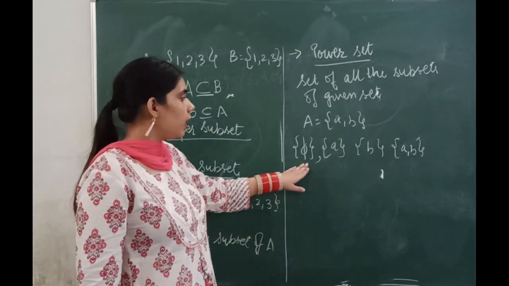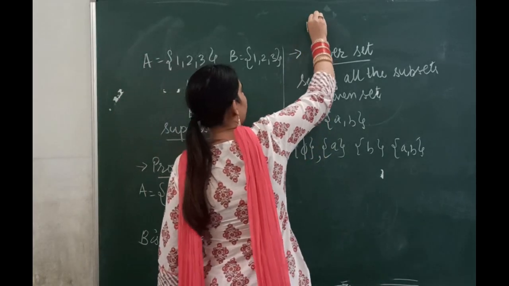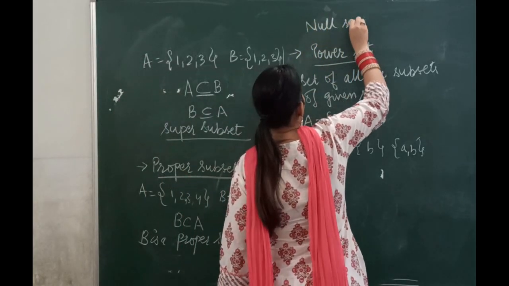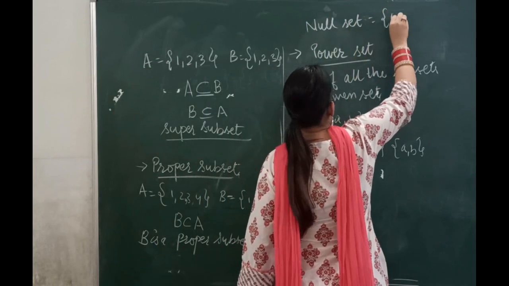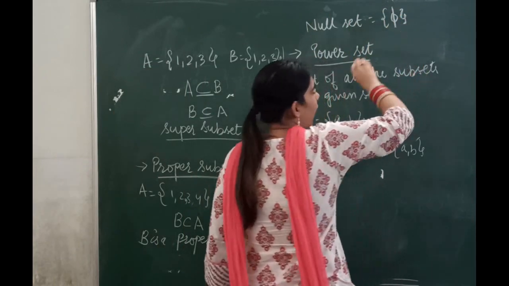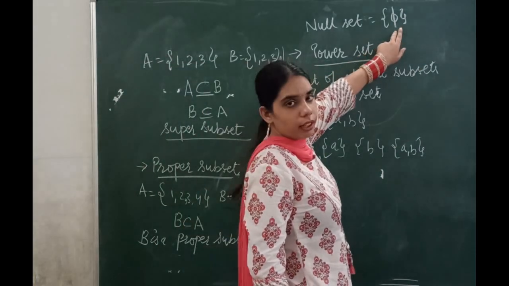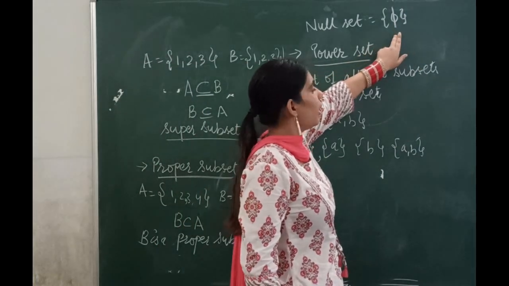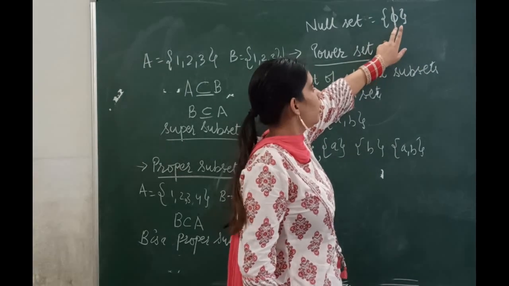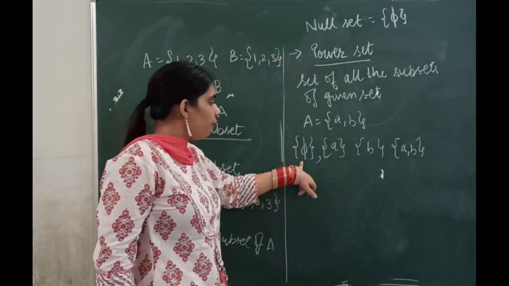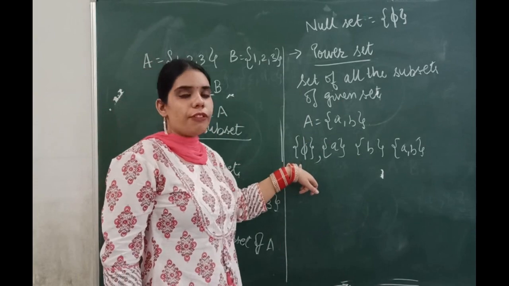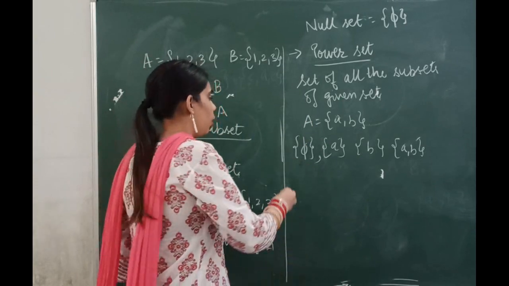Null set is always represented with a sign known as phi. Null set is always represented by this symbol. So null is a subset of each and every set.